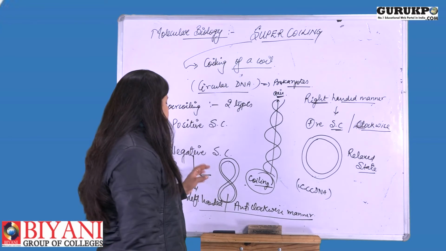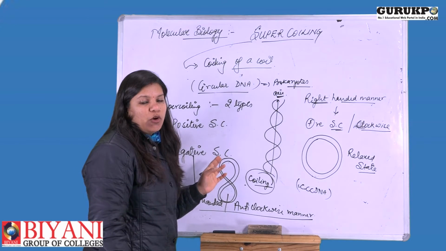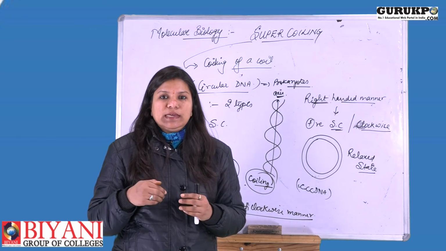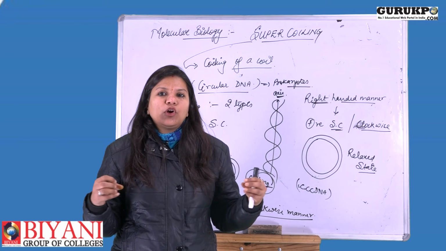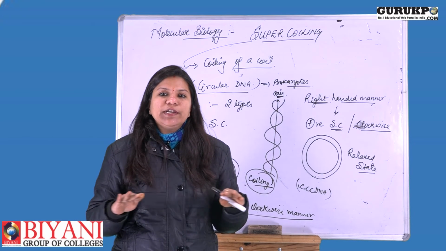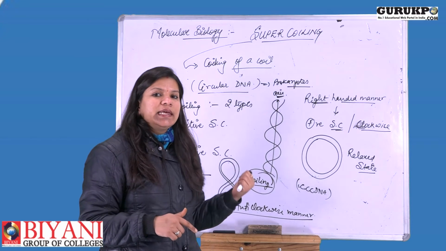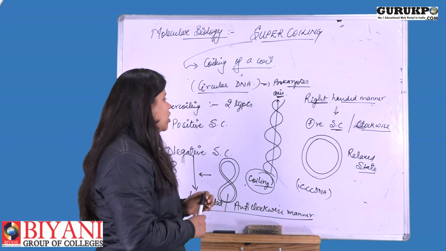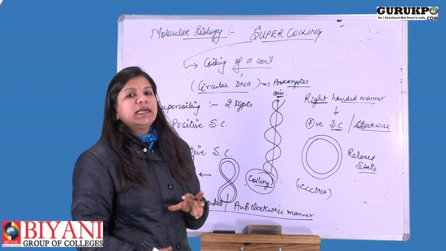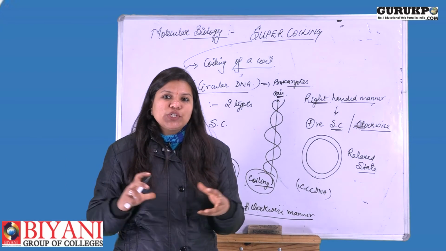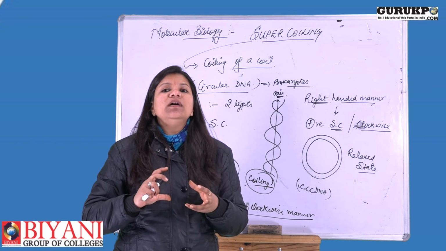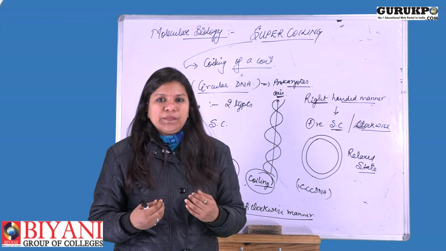Instead, negative supercoiling creates under-twisting, meaning the amount of torsional stress is reduced when the DNA undergoes negative supercoiling. Why is it so? Because positive supercoiling creates more condensation of DNA, and the condensation of DNA occurs just because of the twisting and turning.